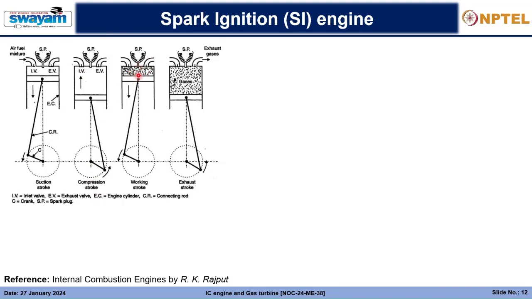At the end of the compression, there will be huge pressure at low volume, and at this condition the spark plug will create a spark and ignite the whole combustible mixture. Due to the combustion, the liquid quantity of the air fuel mixture vaporizes into gaseous quantity, and the volume tries to suddenly increase. With the volume kept constant, this sudden increase basically raises the pressure in this system.